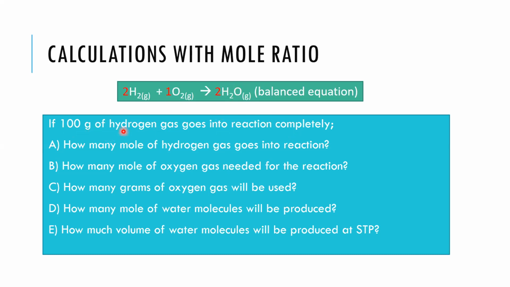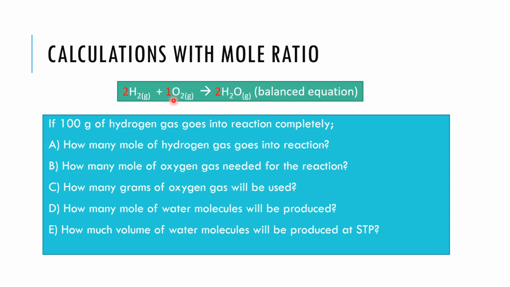If 100 grams of hydrogen gas goes into reaction completely, A, how many moles of hydrogen gas go into reaction? I want to find out how many moles 100 grams of hydrogen gas is. B, how many moles of oxygen gas are needed for the reaction? I need to find that out by using the mole ratio, because I just calculated the number of moles of hydrogen gas.